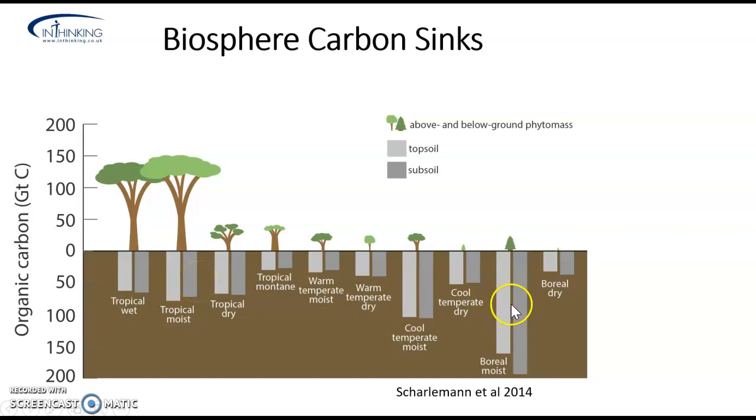But if we compare that to the boreal forest, you can see a much smaller amount of carbon above ground, so much slower rates of photosynthesis, but vast quantities of carbon stored in both the topsoil and subsoil layers. You can see there's a great difference in variety of carbon sinking going on in terms of the above soil vegetation layer and those subsoil layers.